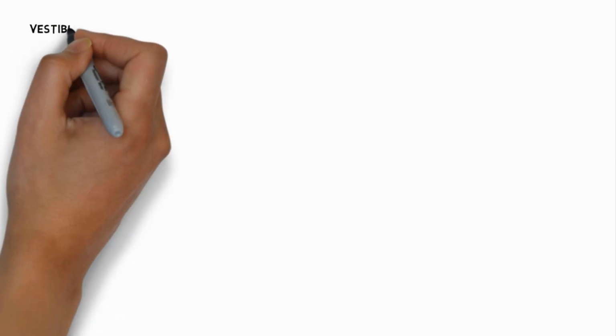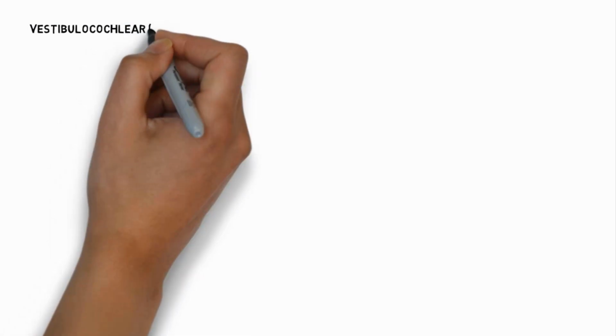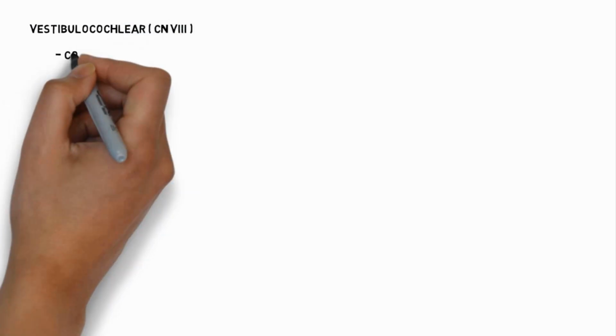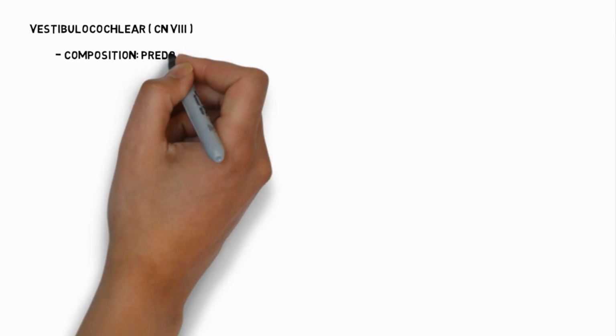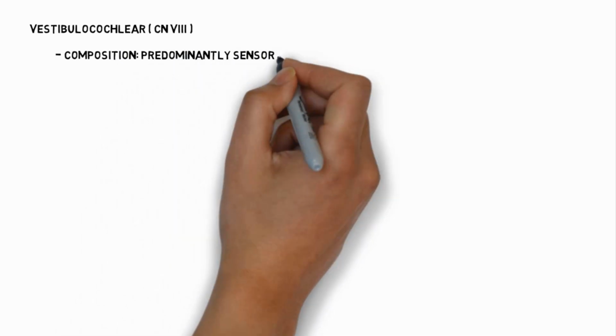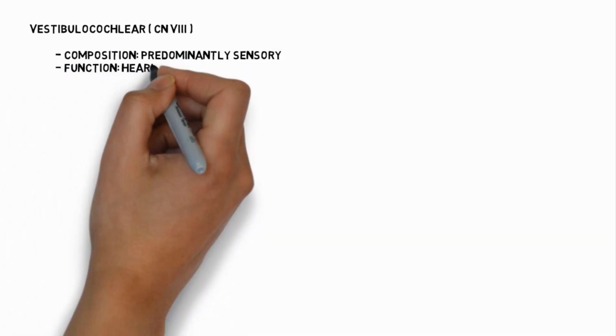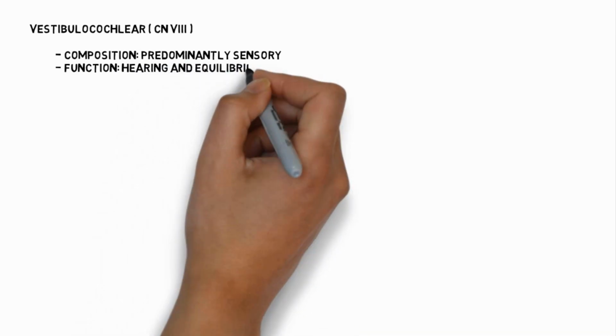Next is eighth cranial nerve, that is vestibulocochlear nerve. It is a predominantly sensory nerve. It helps in hearing and equilibrium.